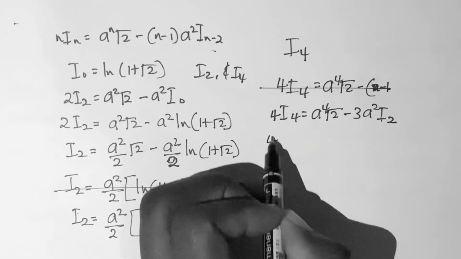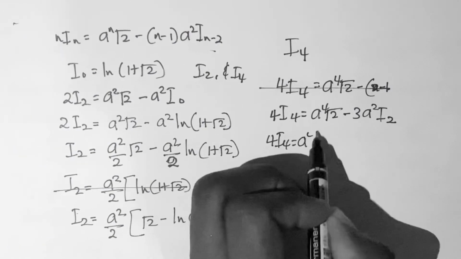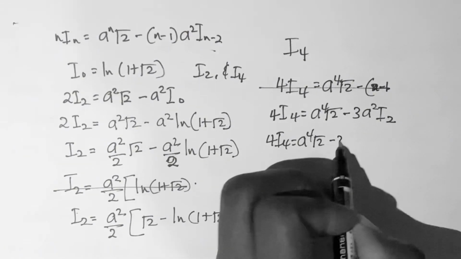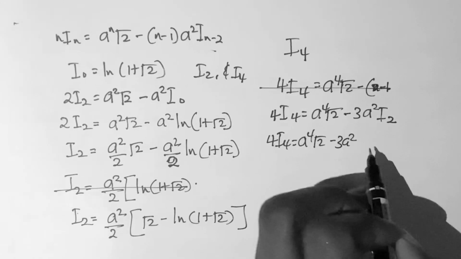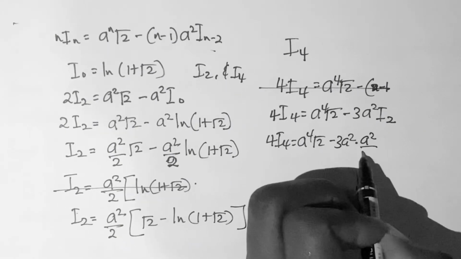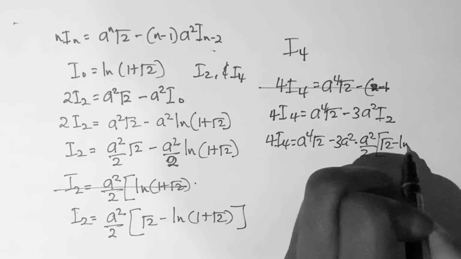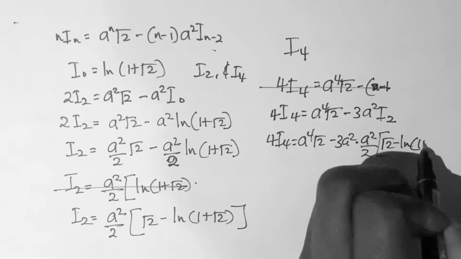So 4I of 4 is equal to a exponent 4 root 2 minus 3a squared. I of 2 is a squared over 2 times root 2 minus natural log of bracket 1 plus root 2.